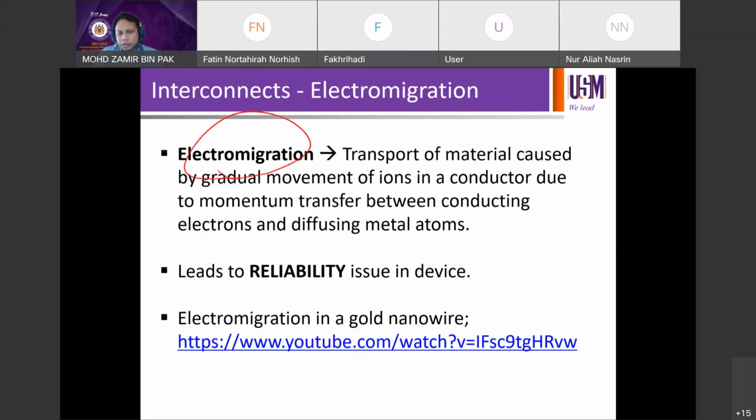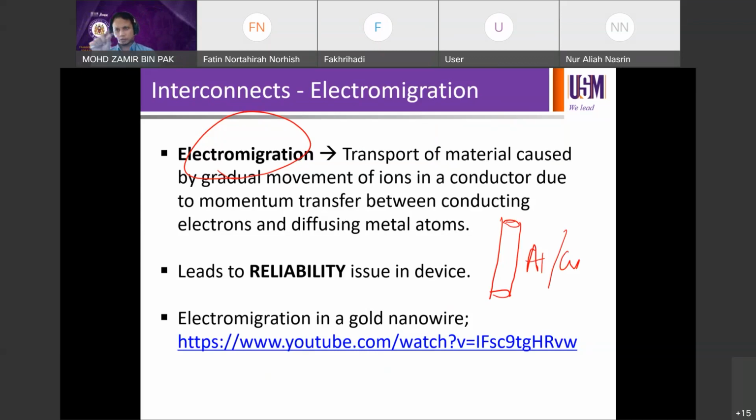Okay. Transport of material. So we're talking about the movement or the transport of material within your wires, within your conductor. In this case, we're talking about aluminium ke, copper ke, but they form the contact on the device, right? Or part of the device.